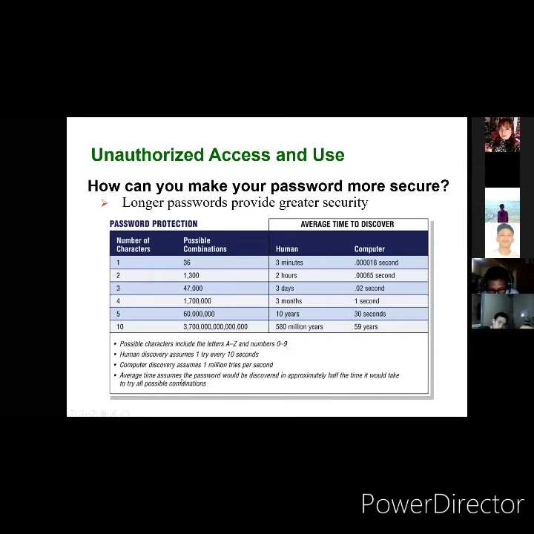So, average time assumes the password would be discovered in approximately half the time it would take to try all possible combinations. Kaya medyo yung talagang gusto nilang secure dahil ang kanilang kinikater sa website nila ay talagang they need protections katulad ng mga kaperahan ng tao, di ba?